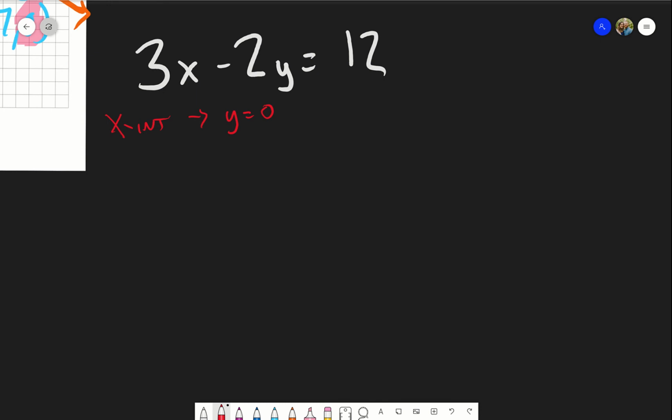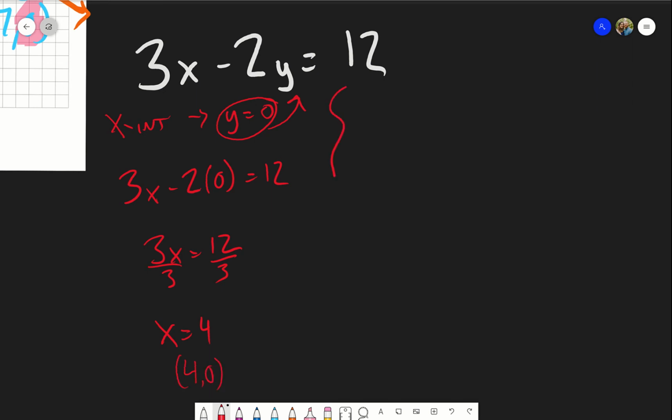I plug that into my equation: 3x minus 2 times 0 equals 12. 2 times 0 is 0, and anything minus 0, just get rid of. So this becomes 3x equals 12. Divide by 3, divide by 3. x equals 4. So my x-intercept is the point (4, 0).